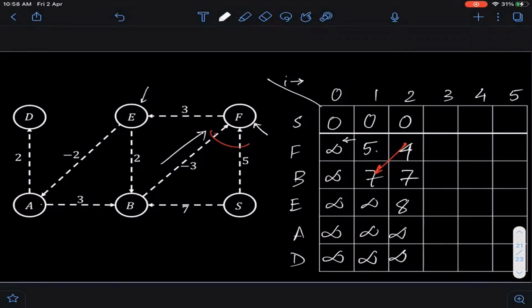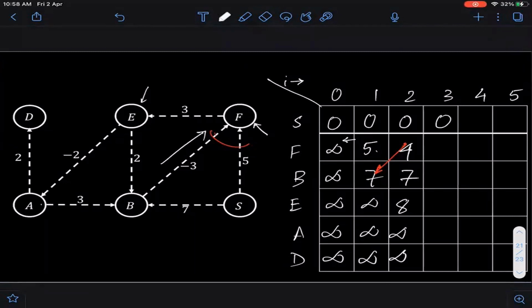If you do a sanity check with the definition, what is A comma 2 saying? A comma 2 is saying what is the shortest path length from S to A that uses at most 2 edges. Clearly there is no such path. So it's correct. The recurrence giving infinity is the correct thing to write. So this becomes 0. Now what will happen?